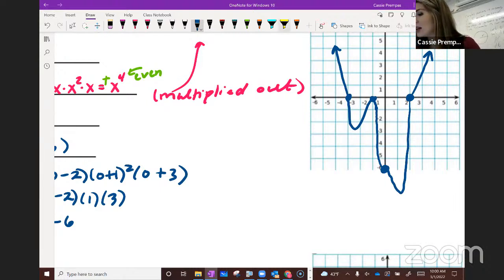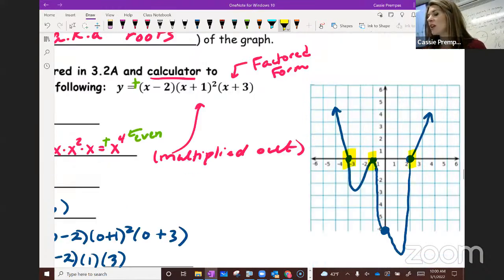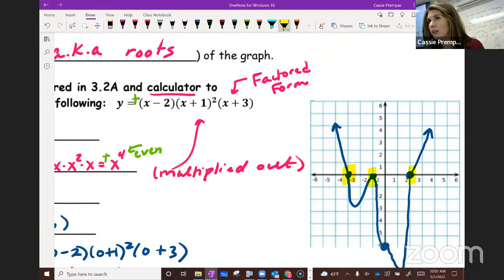Obviously, this 0 behaved differently. It bounced off the x-axis, whereas the other 2 zeros it passed through. So let's take a look at the equation and see if we can determine what was different about that 0 that made it bounce off the x-axis.